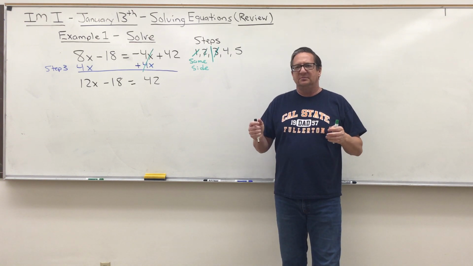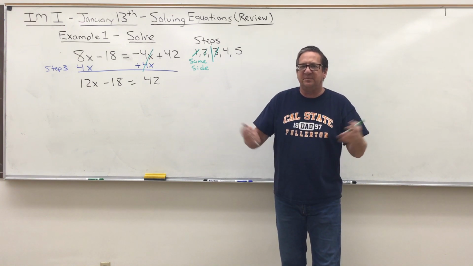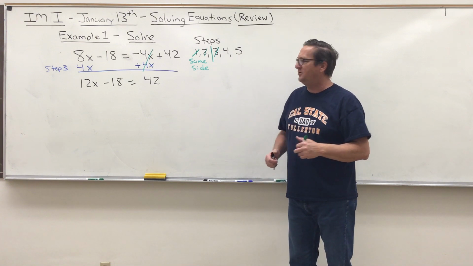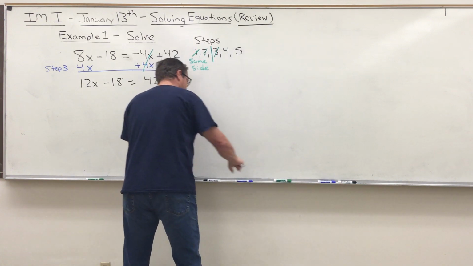Step 4, number term to the opposite side, which will usually be to the right. Remember, you guys can cross it, you can go the other way, those of you that are really good at seeing positive numbers. But we're going to add 18 to both sides.